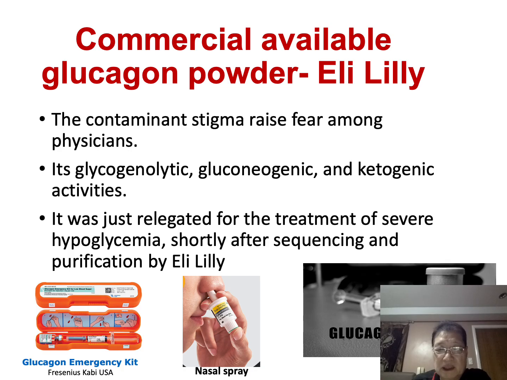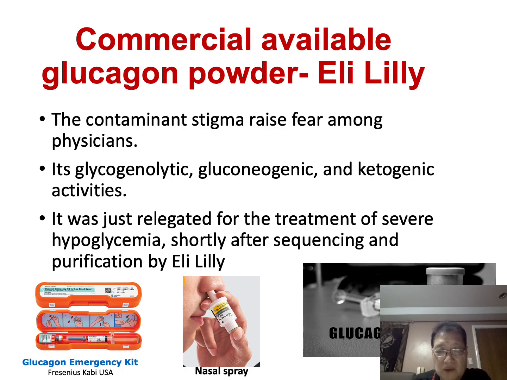The initial lyophilized glucagon that needed to be reconstituted, on your left, was quite inconvenient to use, especially in severe hypoglycemia. They developed an emergency kit wherein the reconstituted fluid is already in one kit, which makes it a little more convenient.